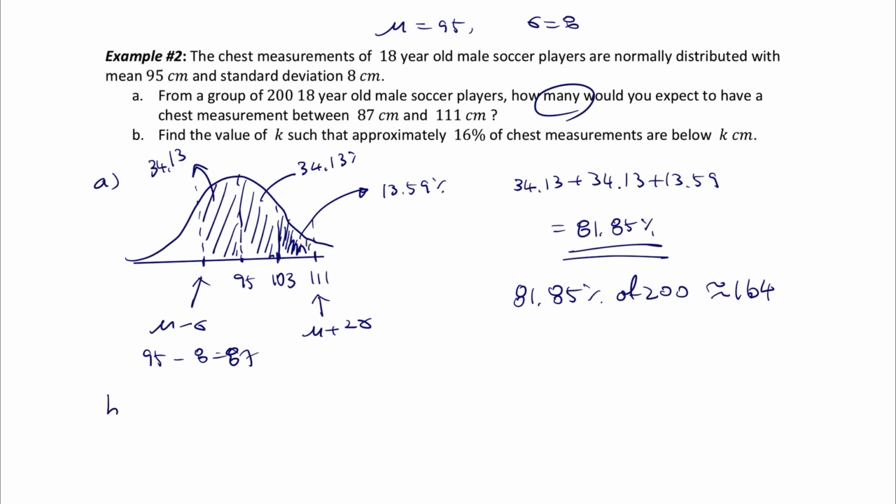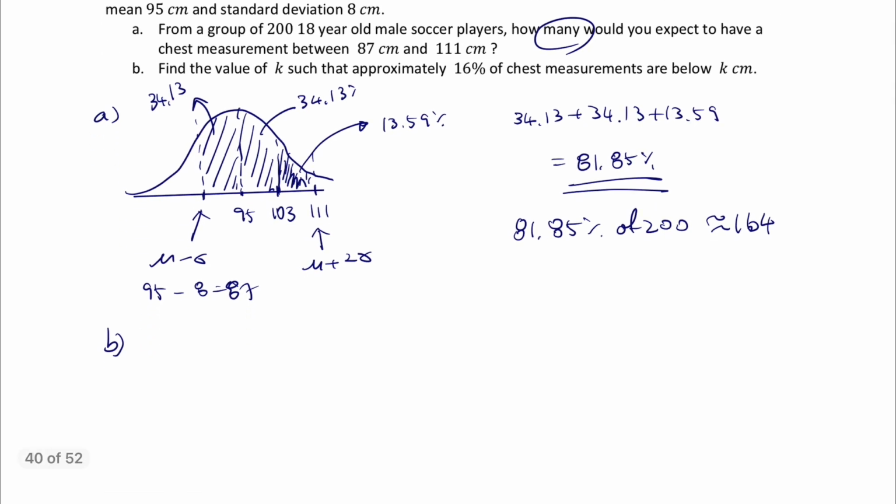Then question B, we need to find the value of K such that approximately 16% of the chest measurements are below K centimeters. So using the spread of the data, we are not sure about the K value.